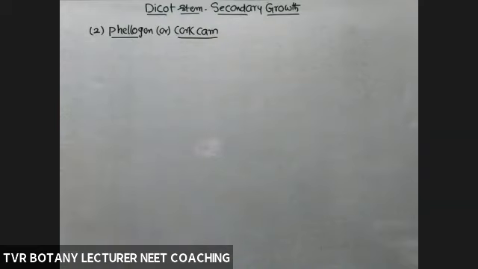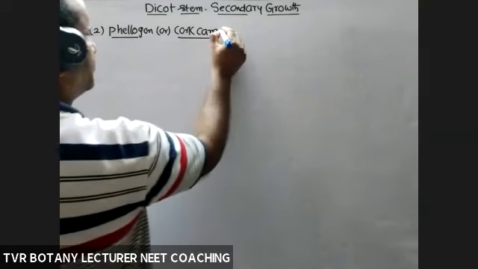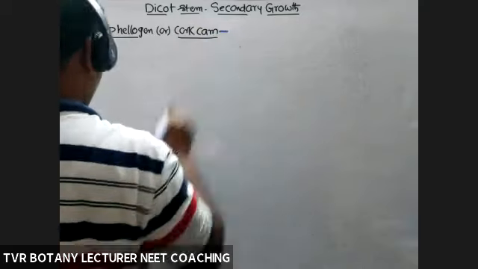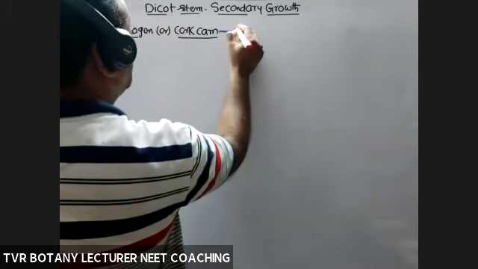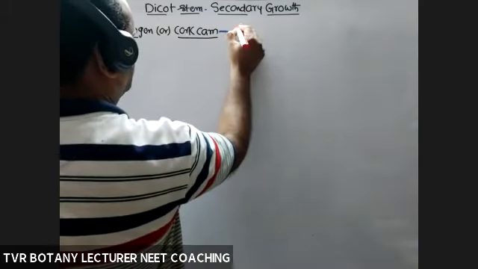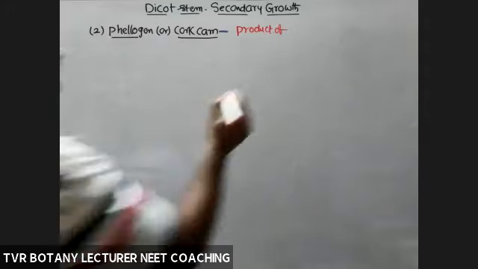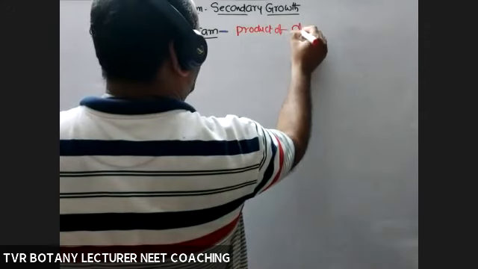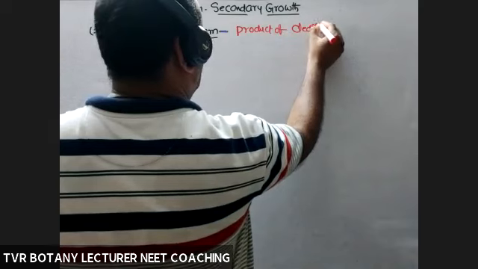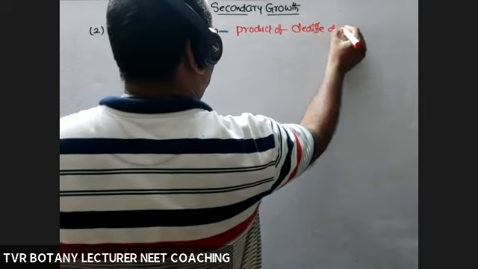So what about phellogen? It is also a secondary lateral meristem, and it is completely, 100%, a product of de-differentiation of parenchyma.